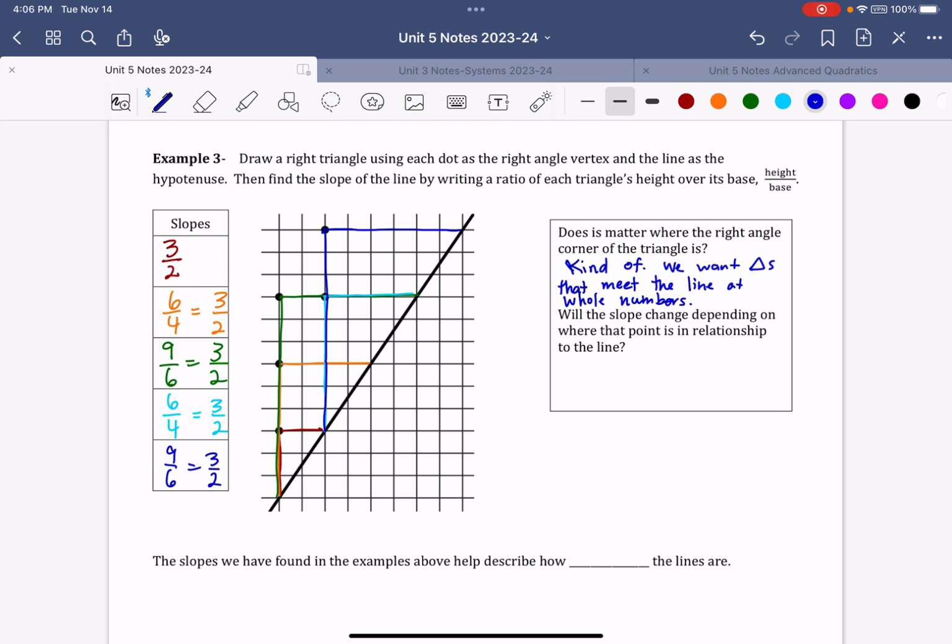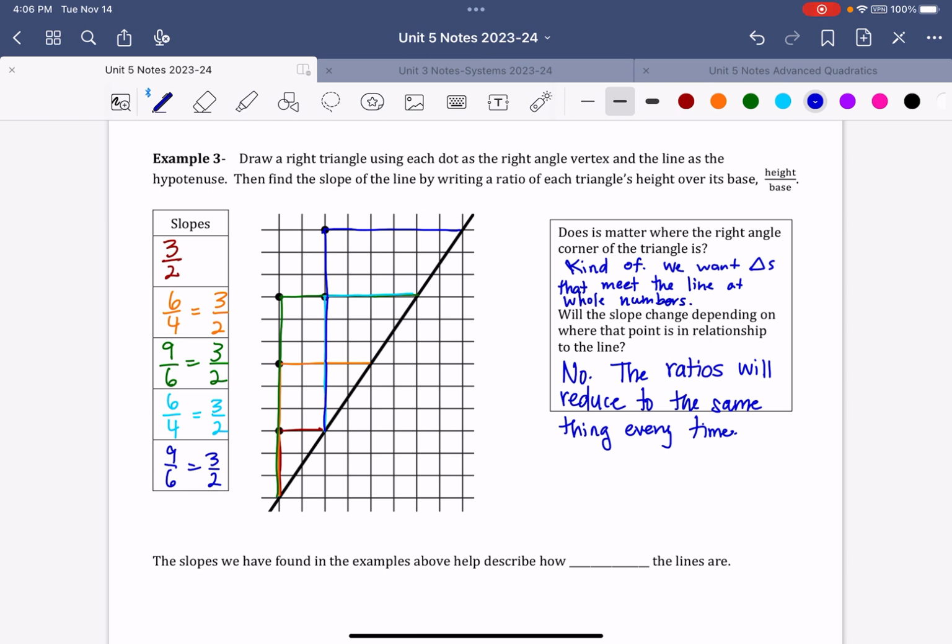It's going to make counting easier. Now it says, will the slope change depending on where the point is in relationship to the line? And the answer is no. The ratios will reduce to the same thing every time.